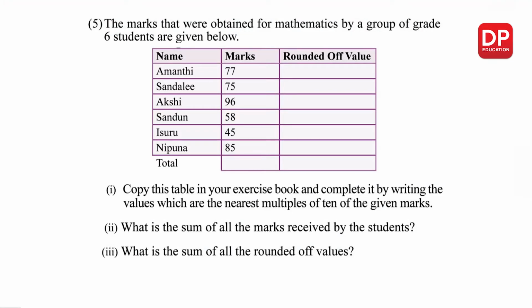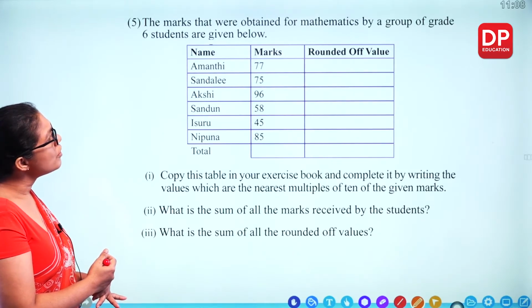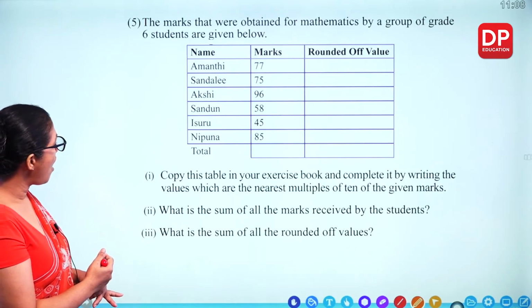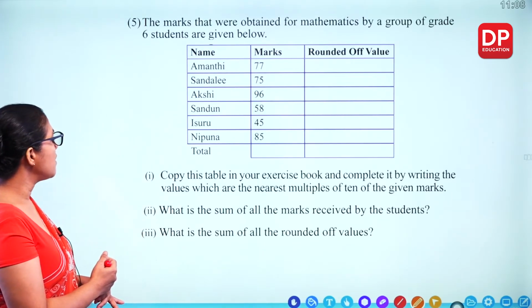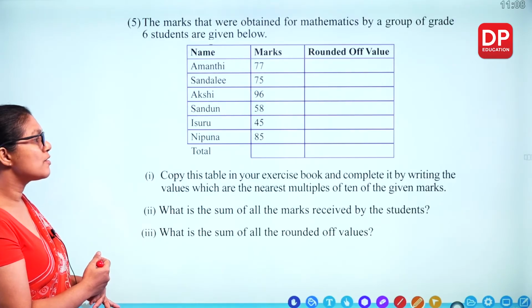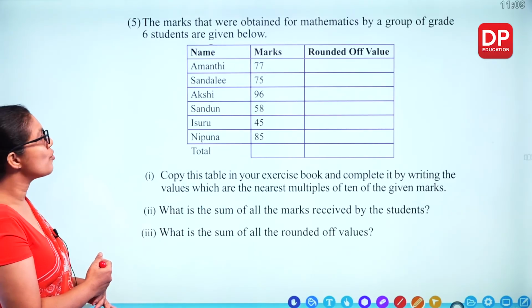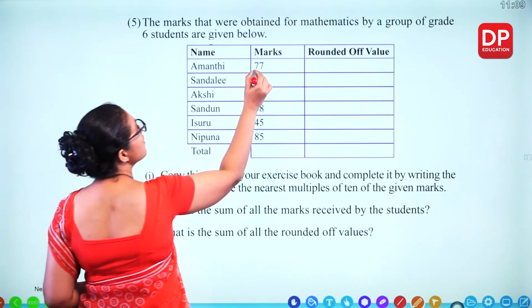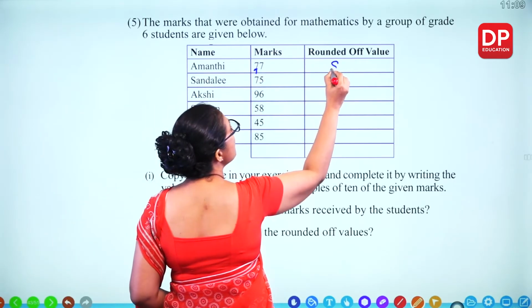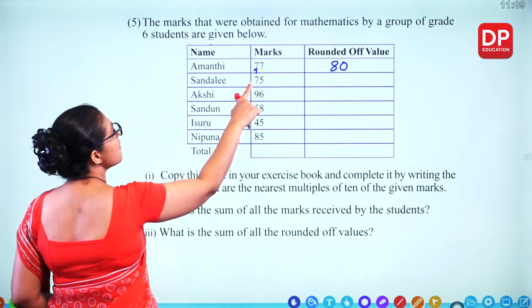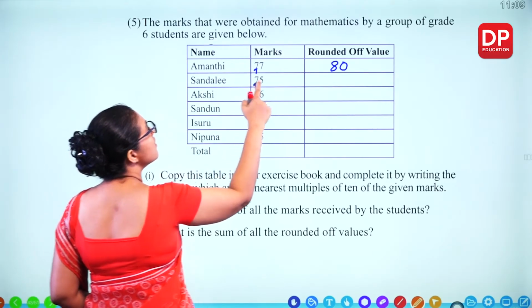Question number 5. The marks that were obtained for mathematics by a group of grade 6 students are given below. You are asked to copy this table in your exercise book and complete it by writing the values which are the nearest multiples of 10 of the given mark. So rounded to the nearest 10. You need to add 1. So 77 becomes 80. 75, add 1.